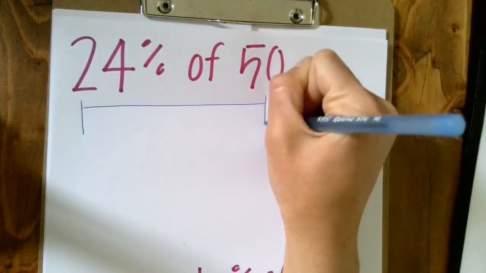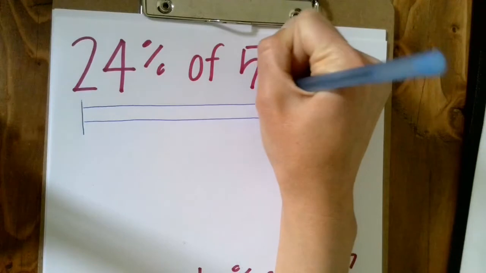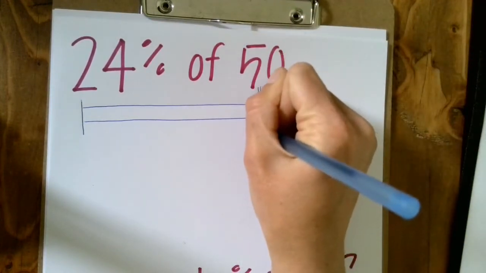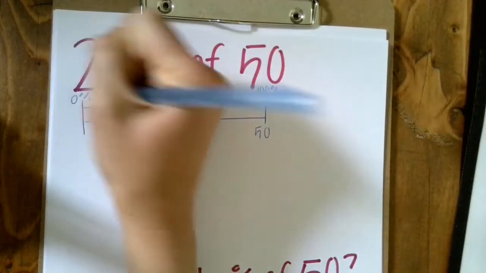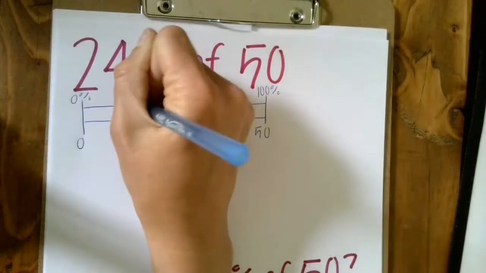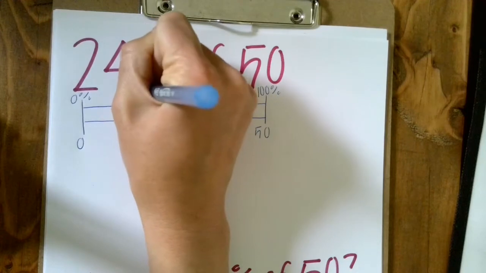So I'm going to go ahead and set up my double number line, 100% at the end, and 100% meaning the whole thing, so 50. And 0%, and if I have 0%, I have nothing. And then I'm right here looking for 24%.